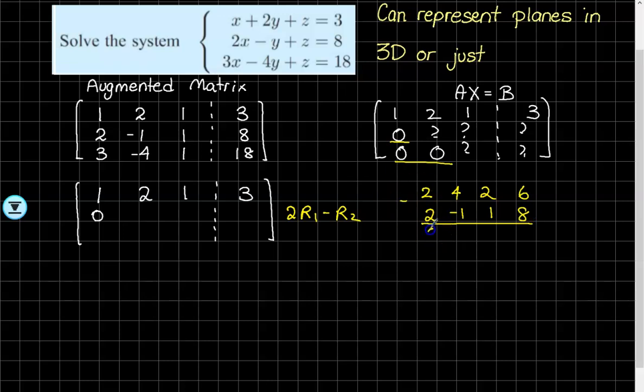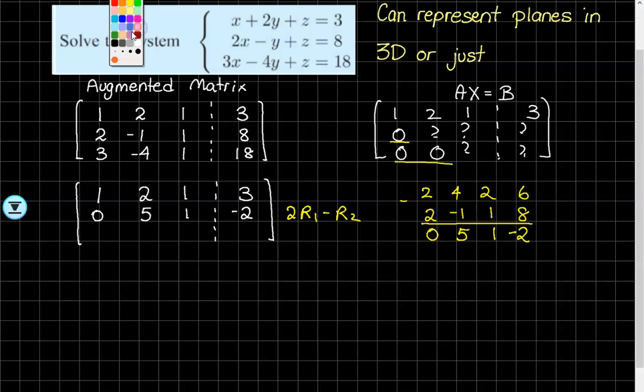What's 2 take 2? 0. Huzzah. What's 4 take 1? 2 take 1 is 1. 6 take 8 is 2. So we can now pop that 0, 5, 1, 2. Negative 2? Of course it is. We're good?